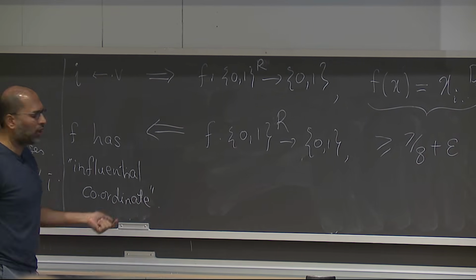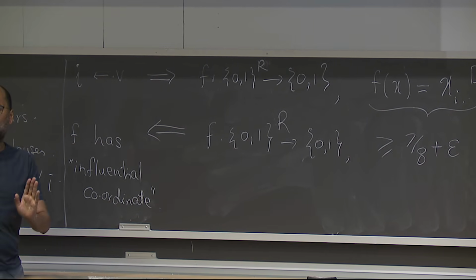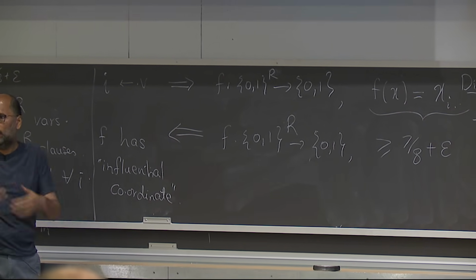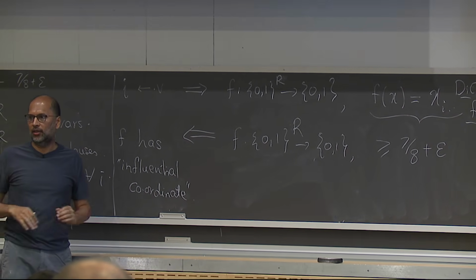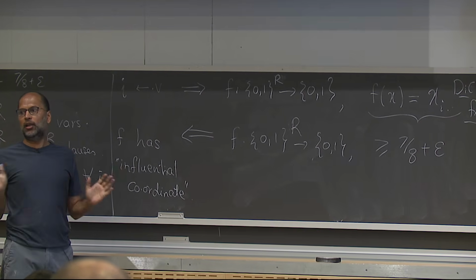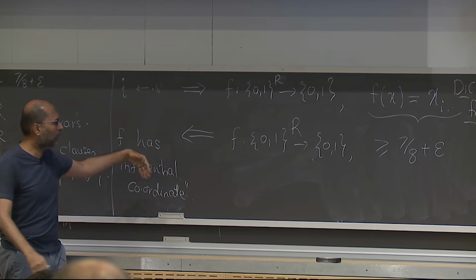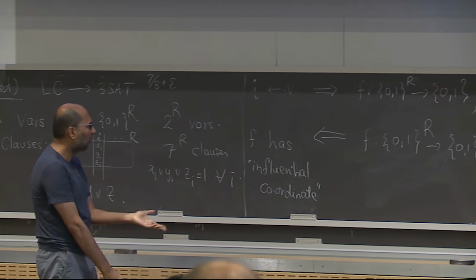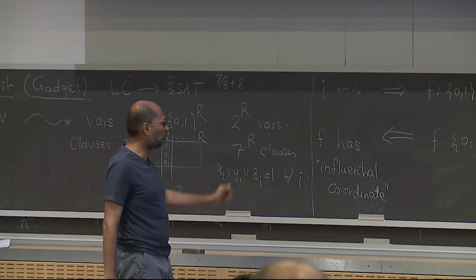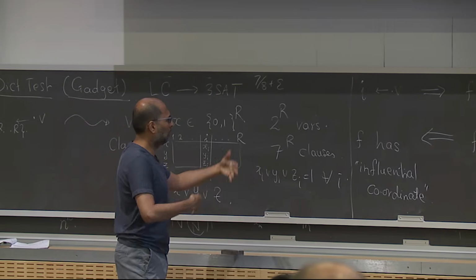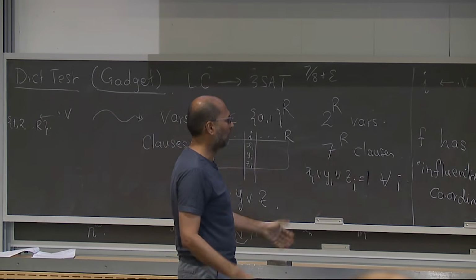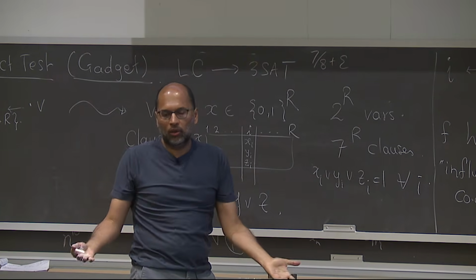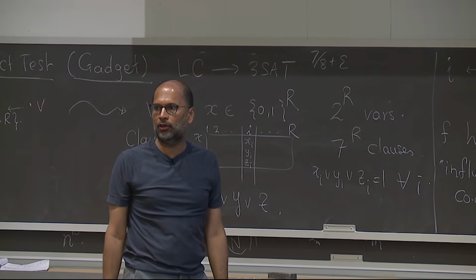A dictatorship coordinate is a coordinate which is completely influential, whereas an influential coordinate would be some watering down of this, that there is some coordinate which is reasonably influential. It can be made precise, it's not such a big deal. And then that's it. These are the properties of the gadgets, and then you somehow combine this gadget with the outer label cover instance. And that's your reduction to 3-SAT, which gives 7/8 plus epsilon.